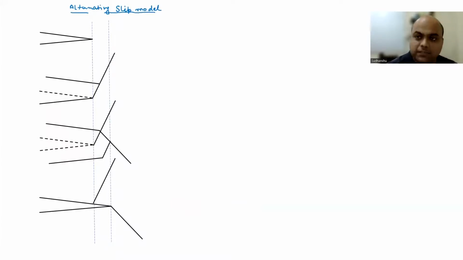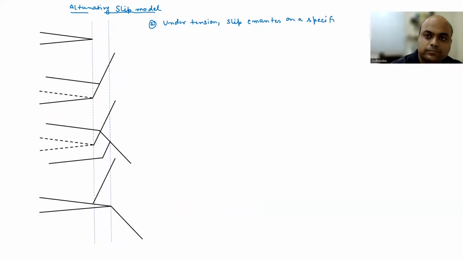So let me write down first and then I will explain. Under tension, slip emanates on a specific system, which undergoes work hardening.